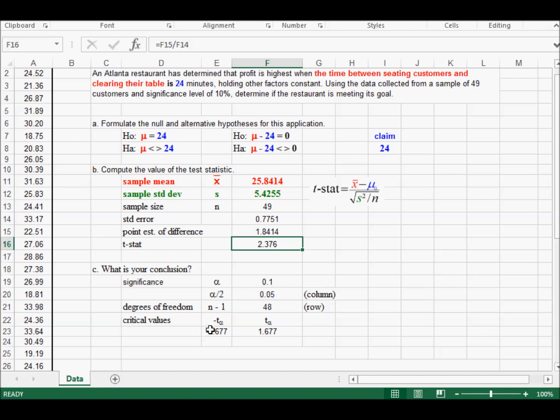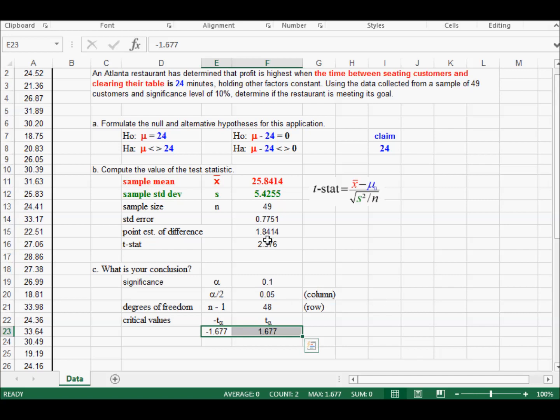Now the intuition is this: 0 is in between these two values, and 0 is the right hand side of this equation. Mu minus 24 equals 0. 0 is in between these two values. So if the t-stat were in between these two values, we have an insignificant difference, and the data would support the null hypothesis.